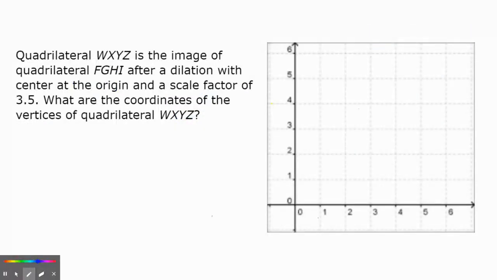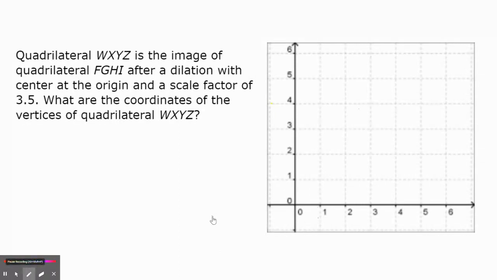Okay, our next problem, we don't have an image to look at right now. There is nothing on there, but it does give us some clues. Quadrilateral WXYZ is the image of quadrilateral FGHI after a dilation with center at the origin and a scale factor of 3.5. What are the coordinates of the vertices of quadrilateral WXYZ?